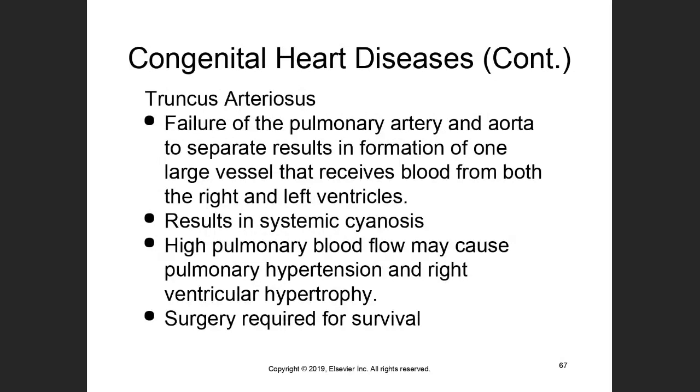Truncus arteriosus is failure of the pulmonary artery and the aorta to separate. So that means that it's just one big artery, okay? Again, this condition is extremely rare, and when that happens, it's really bad because most of the time the patient is going to die. So that's why you have to reopen the ductus arteriosus, to facilitate some communication between the arteries.